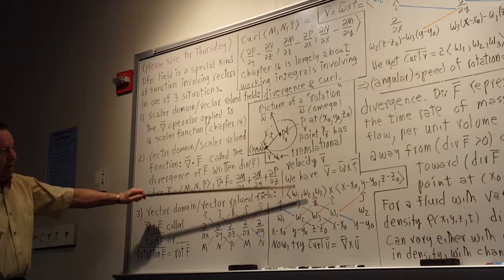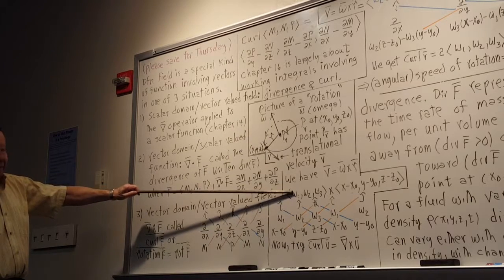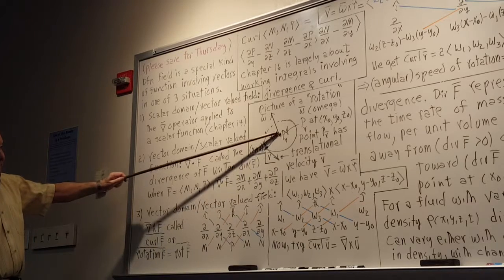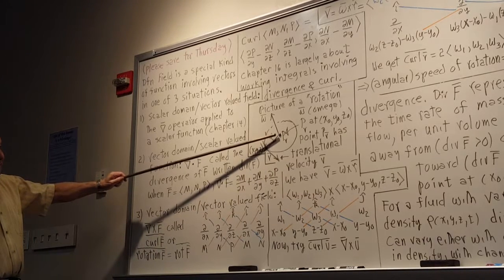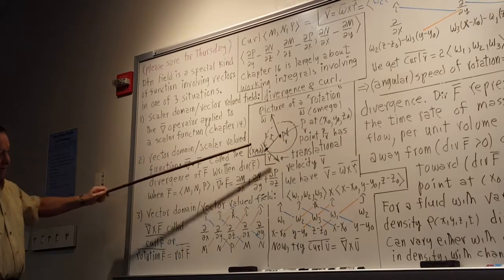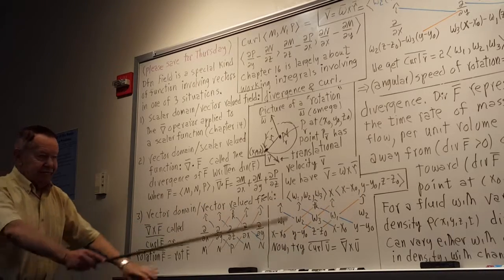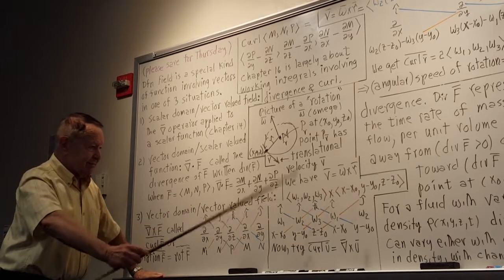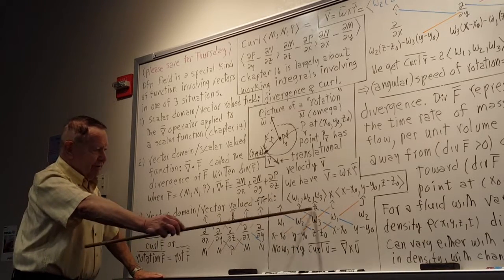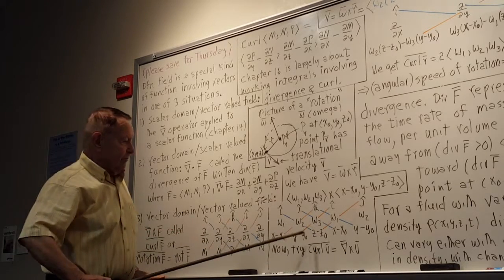So if we think of the rotational vector as having components 1, 2, and 3, and we think of the r as the vector from fixed point to variable point, so that's the r vector. If we do the cross product, then going through the same thing with the 3 by 3 determinant, you see what we get.